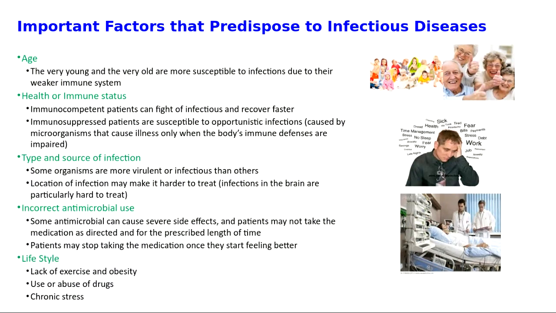But if they do not take it properly and for the prescribed length of time, if they stop taking the medication because it's either too expensive or too painful, or it causes side effects, it makes them nauseous, the patients might stop using it. And that incorrect antimicrobial use can actually predispose the patient to having a more severe infection.